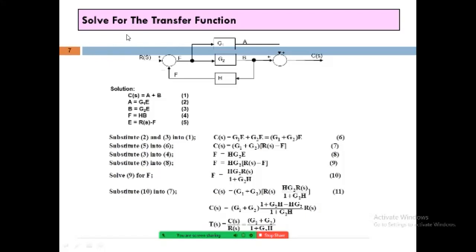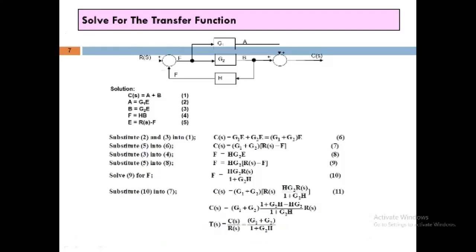Because we have to find the output, C of S, and the input, R of S, and only these two terms are related to the transfer function. As per the definition of the transfer function, we have to find C of S upon R of S, meaning the relationship between output and input.